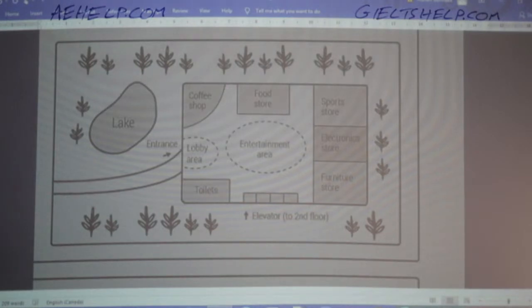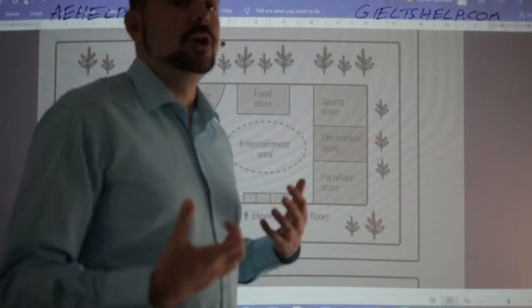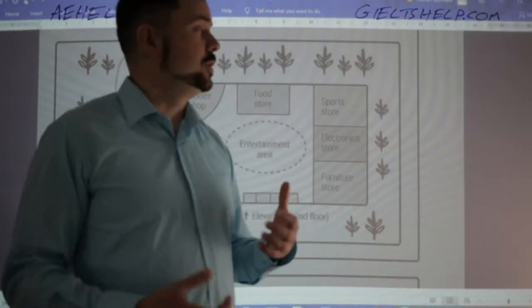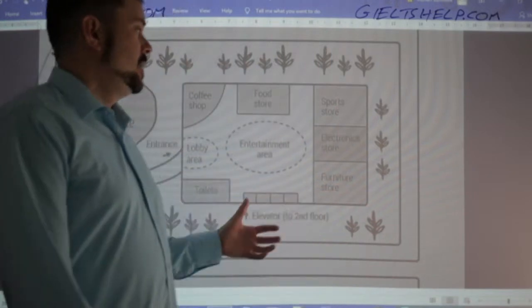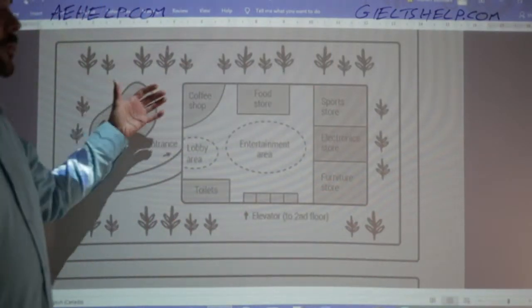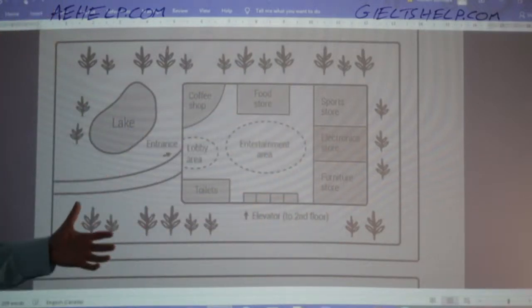So what do we notice mostly when we look at these 2 diagrams? Now, when you're thinking about the overview, think about it visually. Okay, so what do you visually notice right away? So here we have the original 1982 shopping mall.